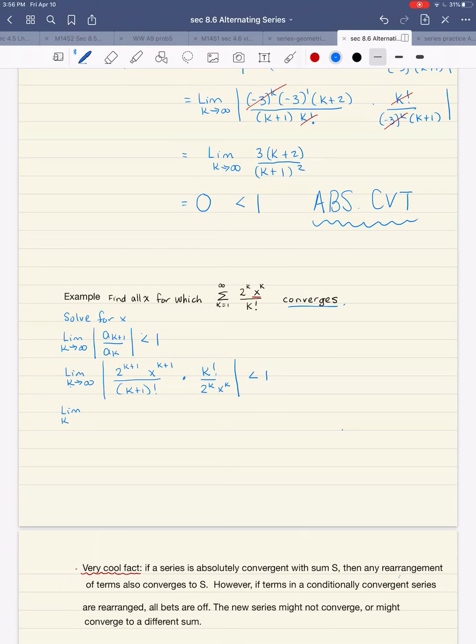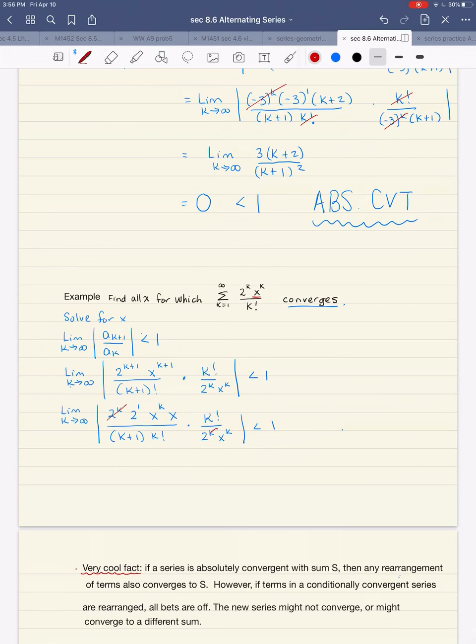We'll put that little step in there where we can better identify what's going to cancel. Right, this is 2 to the k times 2 to the 1, x to the k times x to the 1. K plus 1 factorial is going to be k plus 1 times k factorial. Copy the other guy down and say it's smaller than 1.